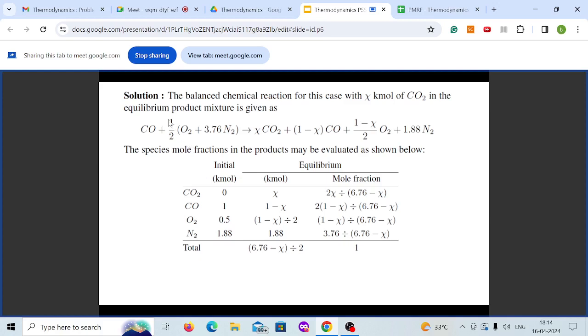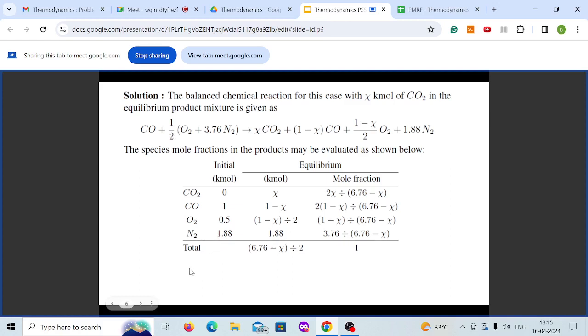If you see initial moles, there is no CO2, since that is a product which is formed. Then CO: we are assuming 1 kilomole of CO. It is reacting with half a kilomole of oxygen, so 0.5, and the nitrogen present is 3.76 into half a kilomole of air, so half into 3.76 gives you 1.88.